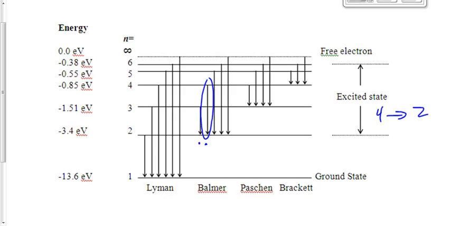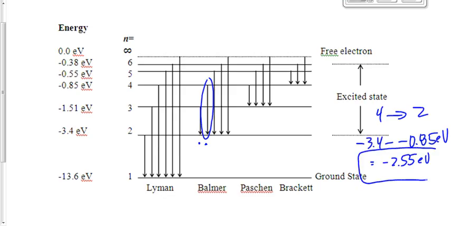If I want to find the energy of that transition, all I'm going to do is subtract the two energies. The second energy level minus the fourth. The final minus the initial. And when I do that, I get negative 2.55 electron volts. When energy is emitted, and that's what would happen here, right? Energy would be emitted or released.